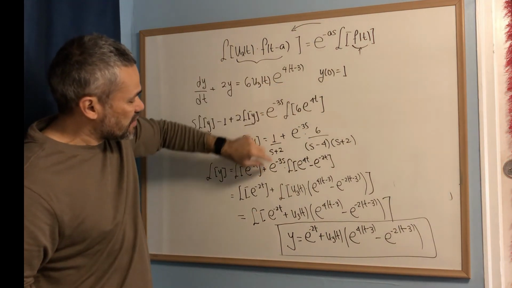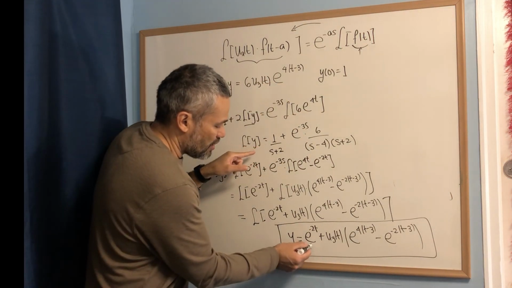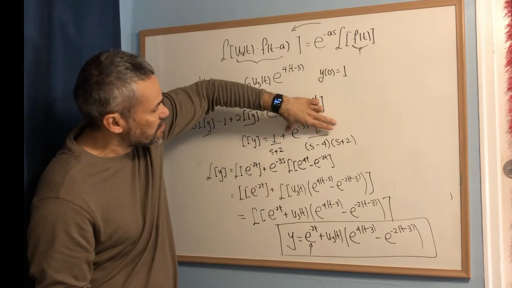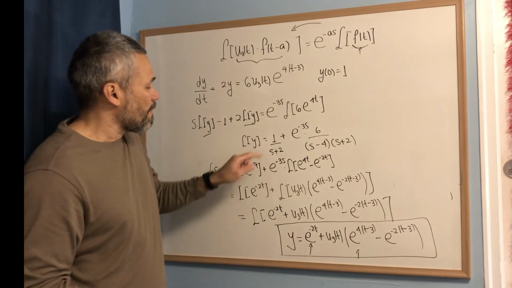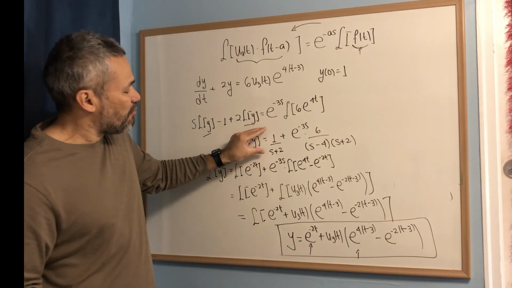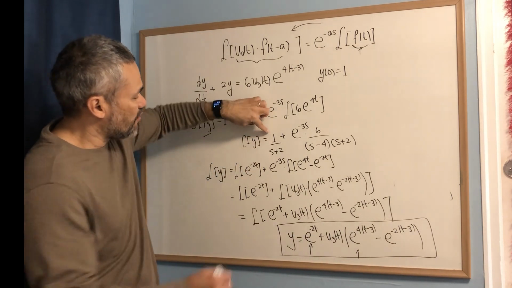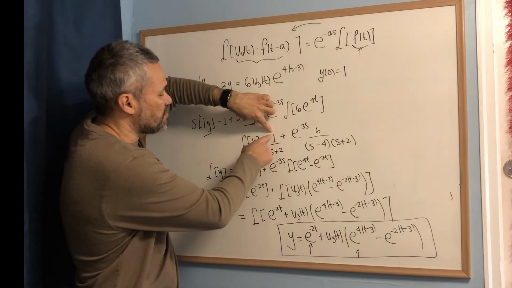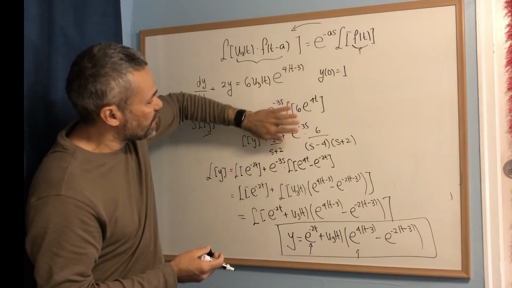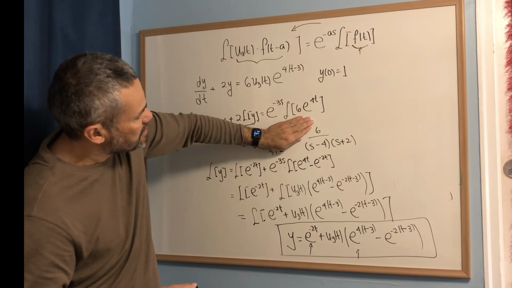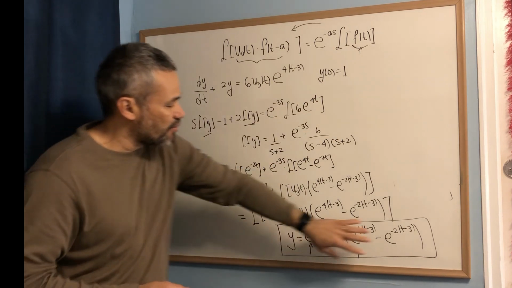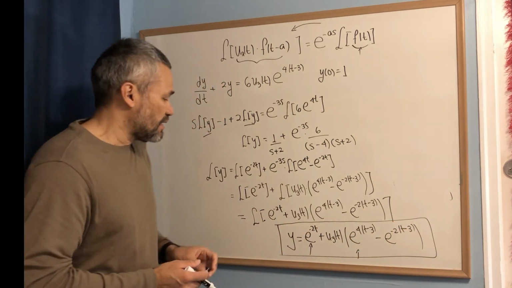This part is responsible for this part of the answer, and this part here is going to be responsible for that part of the answer. At the end, in this type of problems, you have to do two Laplace transform inverses: the inverse of this part and the inverse of the part that you get when you forget about this. Those are the two Laplace transform inverses, and you will see them here in the answer.